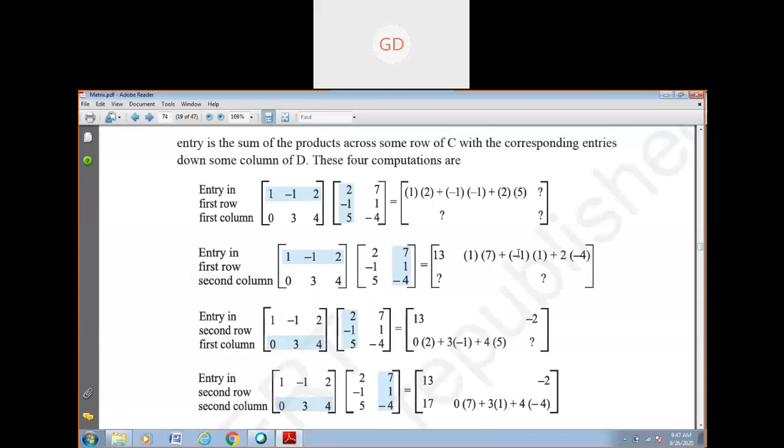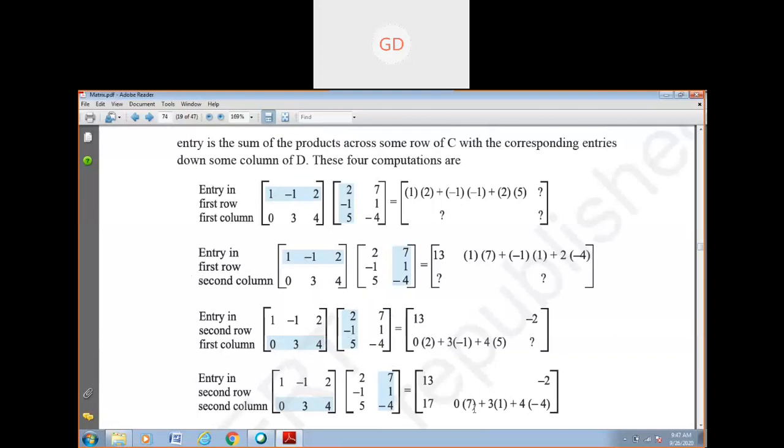Similarly, now by second row, we will multiply by the second row. So second row into first column is this one, and in the last step, second row into second column. This is the second row.